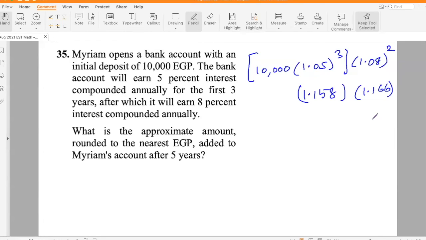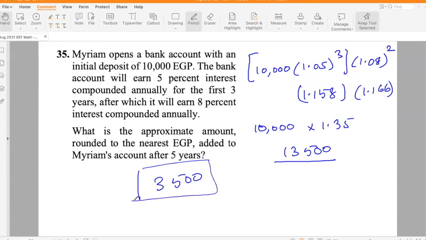So then we have 1.166 multiplied by 1.158. So that's 1.35. Yeah, let's take 1.35. So 10,000 into 1.35 is 13,500, right? So what is the total added to her account? That's 3,500 after 5 years.